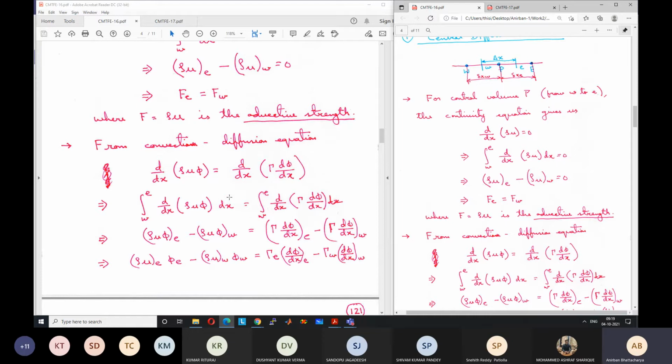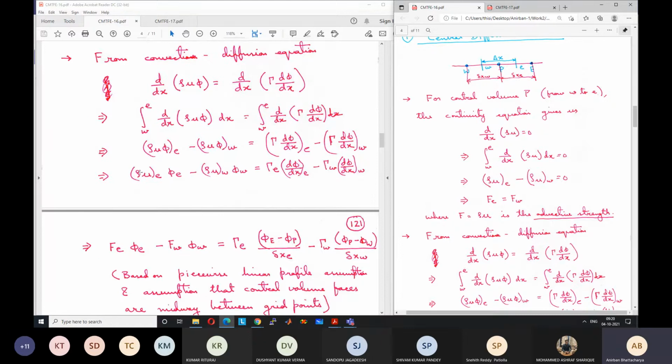On the left hand side, we can write this as rho u phi at east point minus rho u phi at west point. At this point, we do not know the values of rho u phi at east and west, so we'll just express it in this form. And this we can write as gamma d phi dx at east minus gamma d phi dx at west. So then it can be written as rho u at east into phi at east, whatever the value of phi is, unknown.